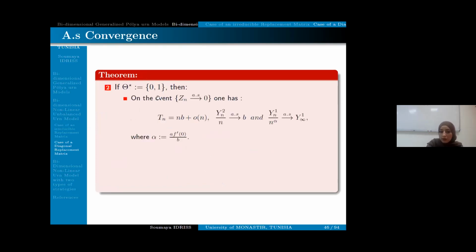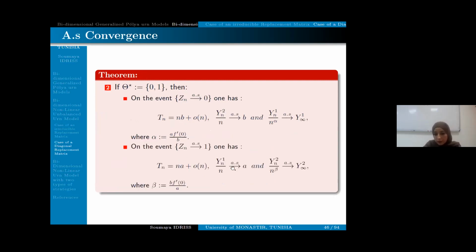While in the second case, where theta star is only defined by 0 and 1, then on the first event, where Zn converges almost surely to 0, we have these following almost sure limits, where alpha is a quantity that is less than 1. And on the second event, which is again symmetric to the first event, the event where Zn converges almost surely to 1, then we have again these following almost sure limits.